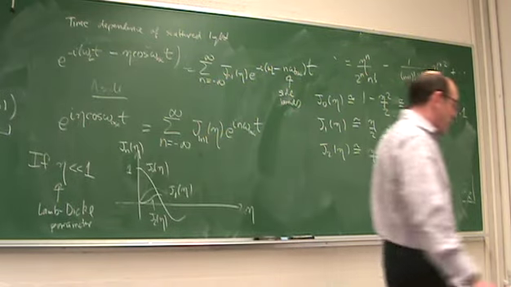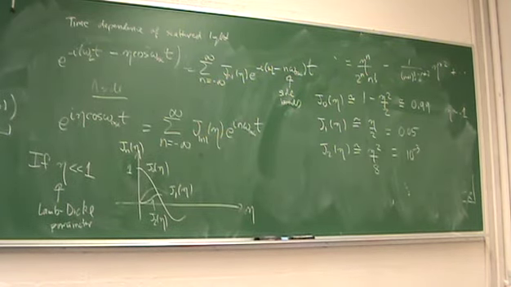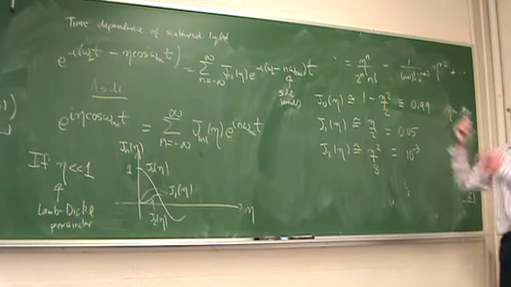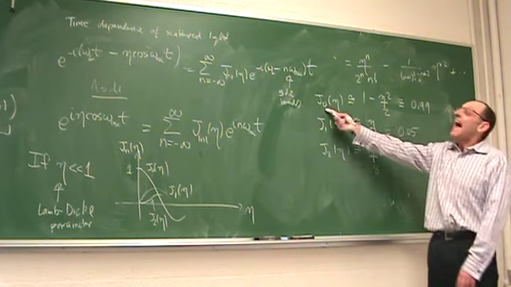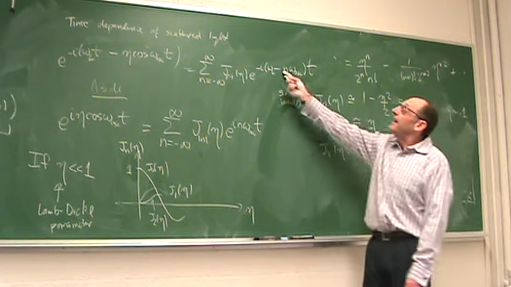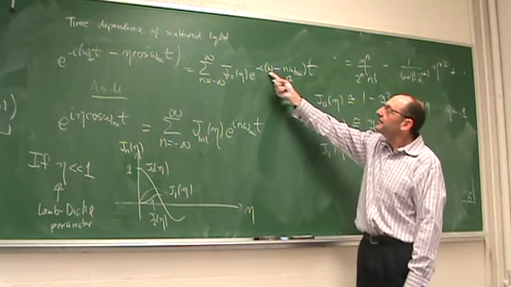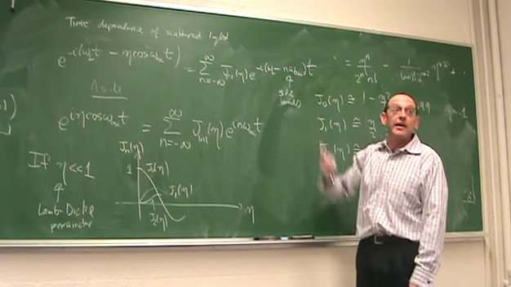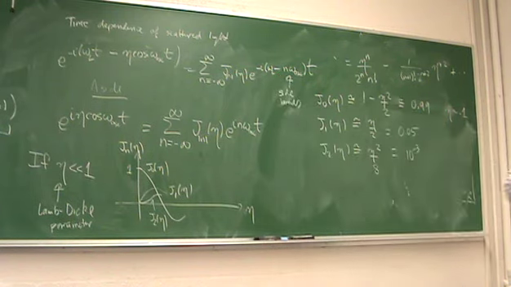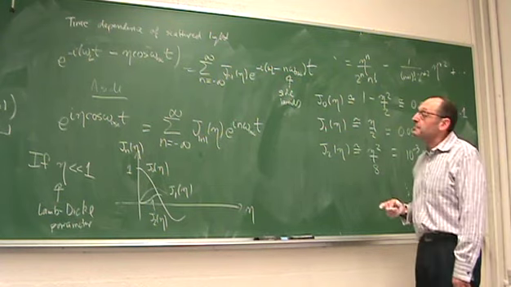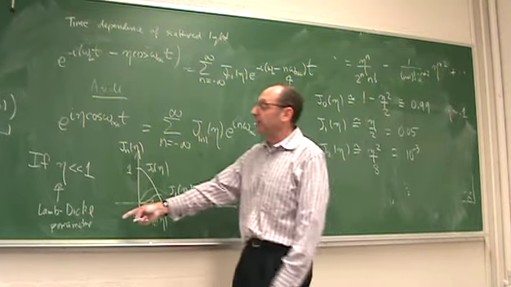If the Lamb-Dicke parameter is small, well then the vast majority of the light is scattered elastically, meaning that the light that is scattered has the same frequency that it went in. There will be some amount of radiation in the sidebands, and the amount depends on the Lamb-Dicke parameter.